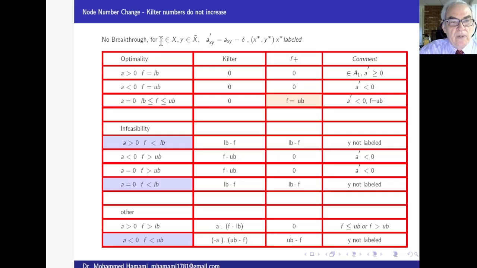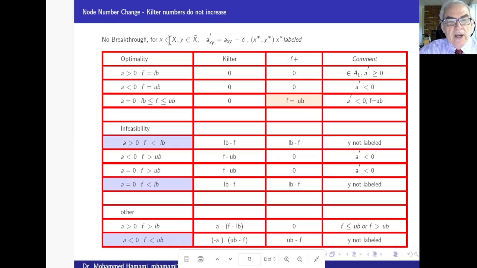So here we have an arc XY, with X labeled and Y unlabeled. Here we could not label Y from X. So therefore, XY has to be in this 1-9 state. So we're going to eliminate 3 states.